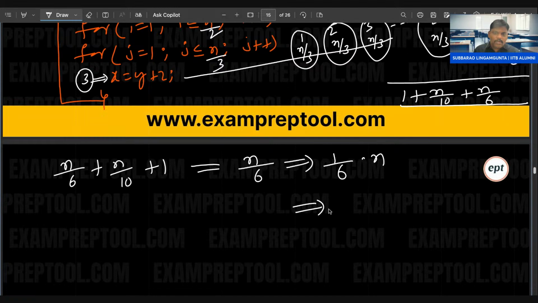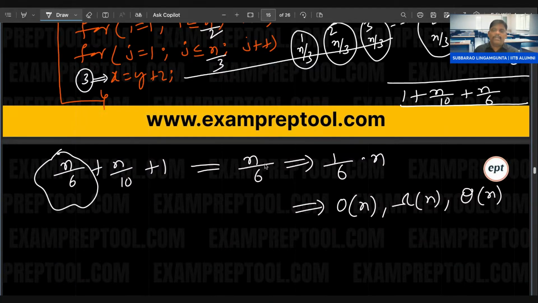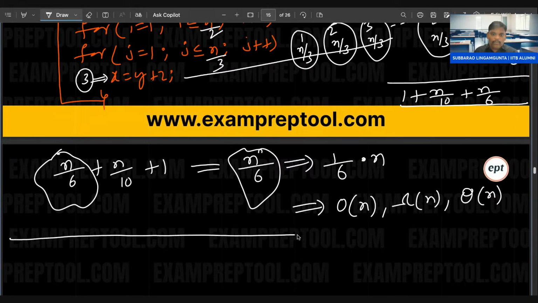Whoever is the bigger one, take it. 1 by 6 is a constant, ignore. So the answer is big O of n, omega of n, theta of n.